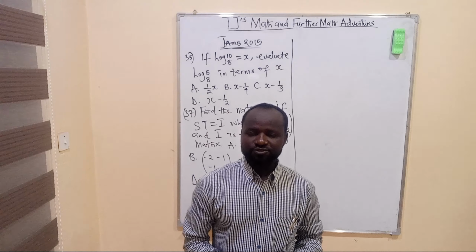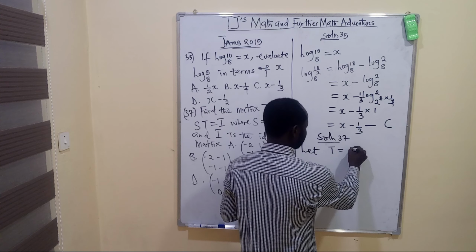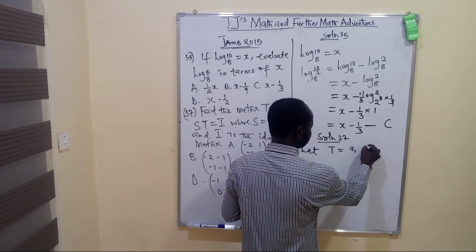Let's move to the solution to 37 now. The question reads, find the matrix T. We are asked to find the matrix T, and matrix S is a 2 by 2 matrix. So for matrix T, we have to say let T be A1, A2, A3, A4.